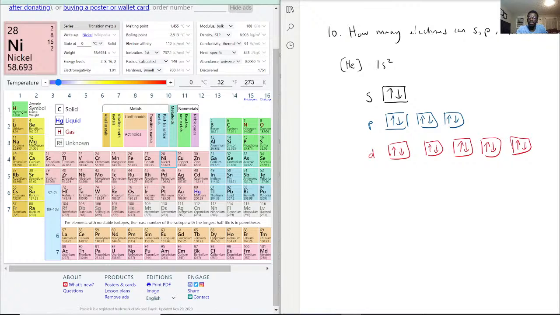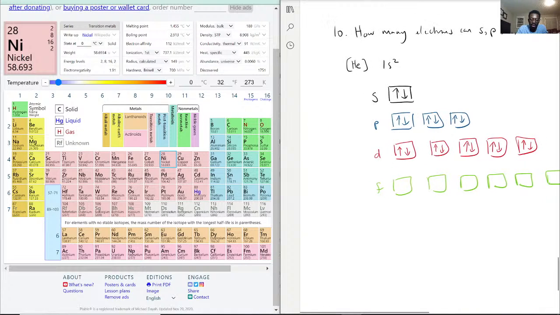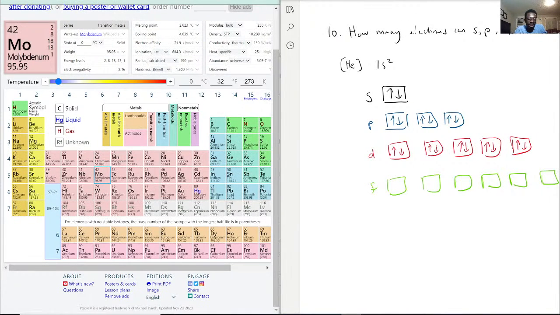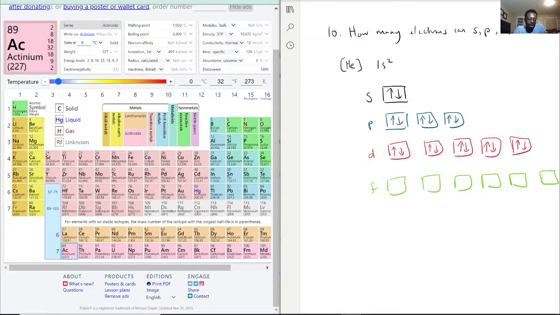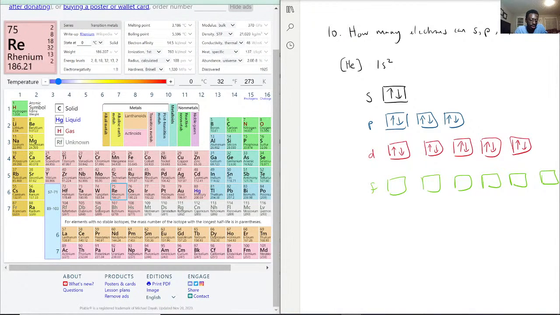Now with the final one, the F subshell, the reason is because let's actually count. We don't count lanthanum or actinium because these are their series. They would technically go here where the D shell is.